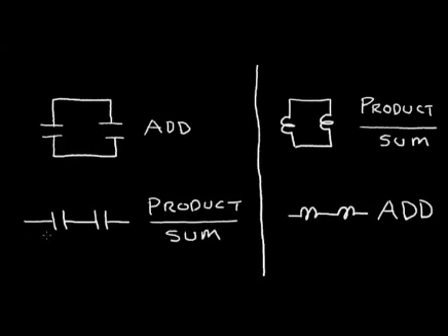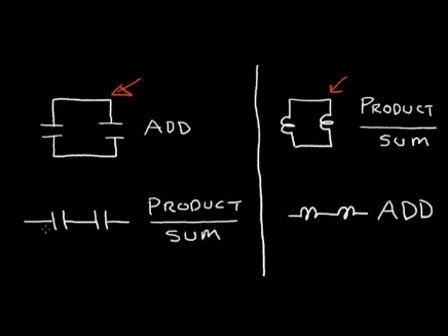Now let's compare the parallel and series properties of capacitors and inductors. We know from a previous video, if we have two capacitors connected in parallel, that to compute the equivalent capacitor, we just add the two capacitors together. However, with an inductor, if we have two inductors in parallel, to calculate the equivalent inductor of the two is the product of the two inductors divided by the sum of the two inductors.